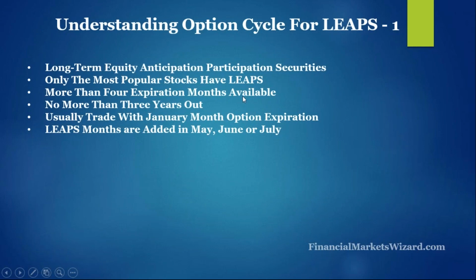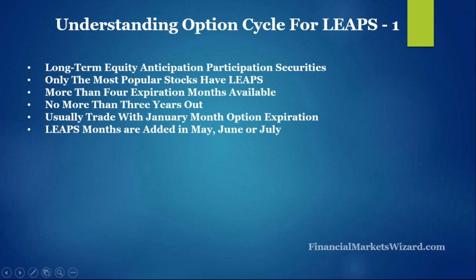They have more than 4 months until option expiry, generally the month of January, like January 2018, January 2019, 2020, but no more than 3 years out. And LEAP months are added in May, June, or July. So if you trade LEAPs, you know the LEAP month will be added in May, June, or July.